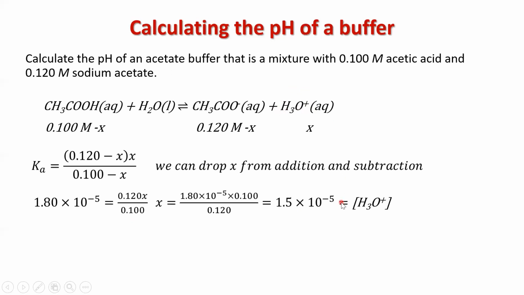We can calculate the pH by taking the negative log of the hydronium ion, and the pH of this buffered solution is 4.82. It's an acidic buffer.